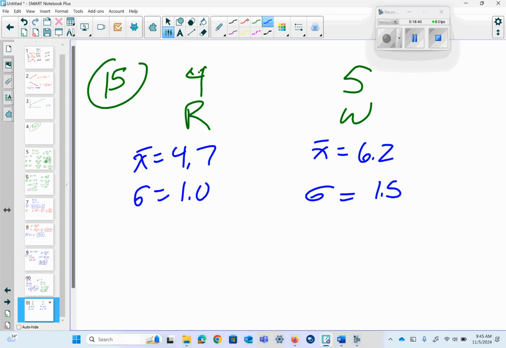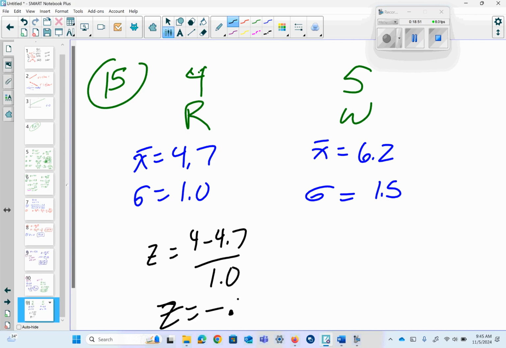All right, so let's see who's bigger in this context. So the Z-score is going to be 4 minus 4.7 over 1.0. So the Z-score here comes out to negative 0.7. And then this one is going to be a Z-score of 5 minus 6.2 divided by 1.5.